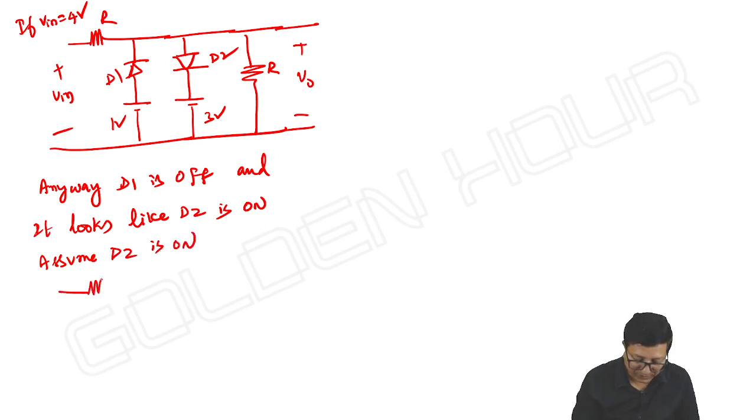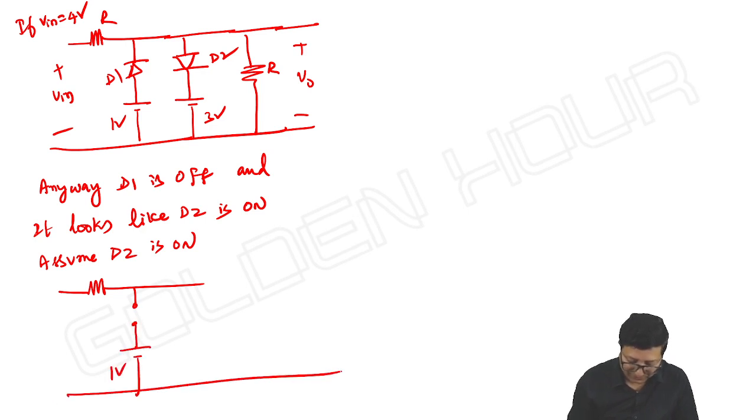If that is the case, we know the regular procedure: just calculate the current through the diode D2, which should come positive. Ideal diode I am taking, 3 volts. R and R, right? Let me take some 1 kilo ohm like this.